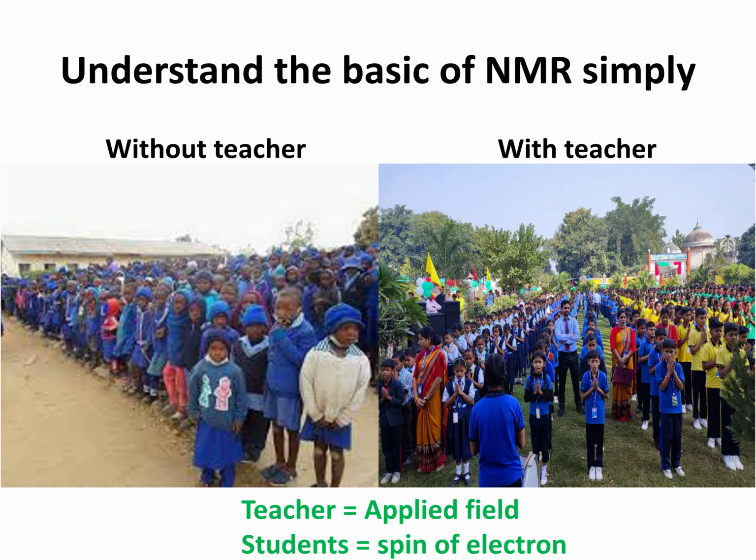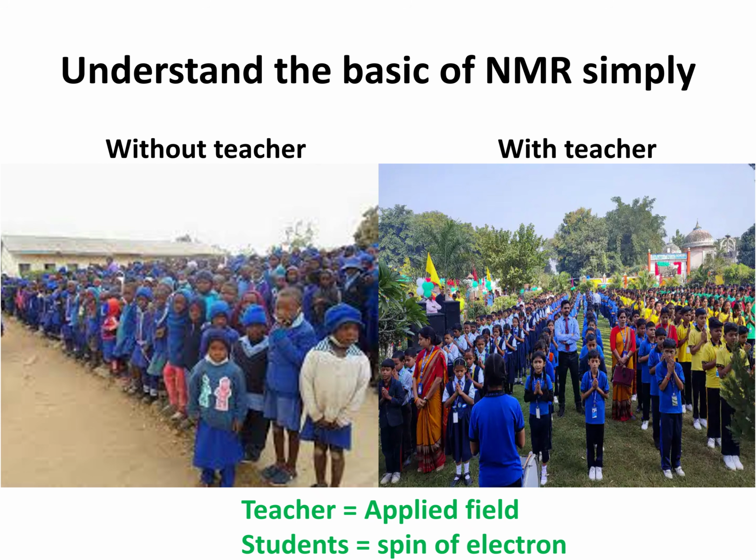In PT, physical training, in our school, which all of us have passed through, whenever teachers are present, all of the students are aligned in one direction. So in the presence of the applied field, all of the spins are aligned with the applied magnetic field.